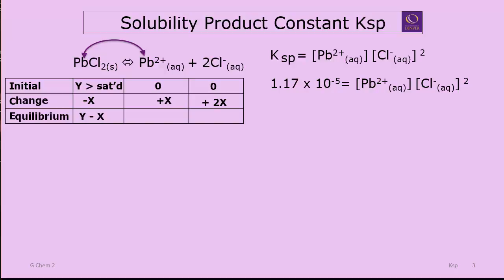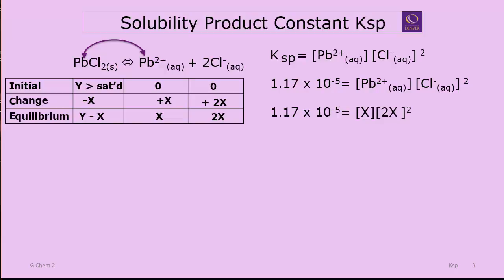So at equilibrium, you would have Y minus X for the lead 2 chloride solid, but that's insignificant because it's not part of the equilibrium expression. But over on the other side, you'd have plus X for the lead 2 cations and plus 2X for the chloride ions. And then you could just plug and chug and solve it algebraically.